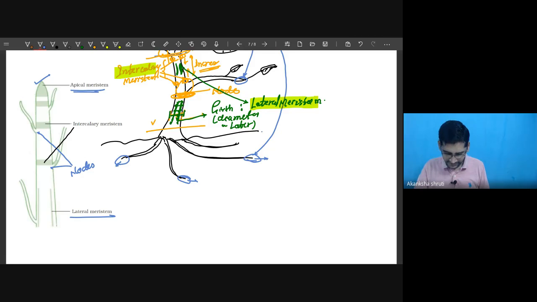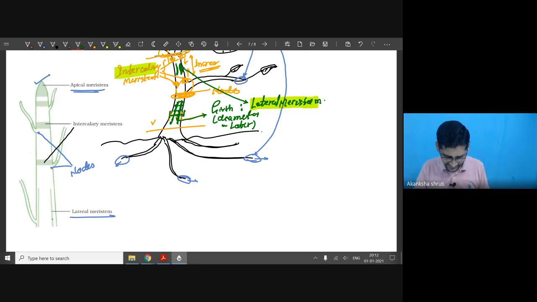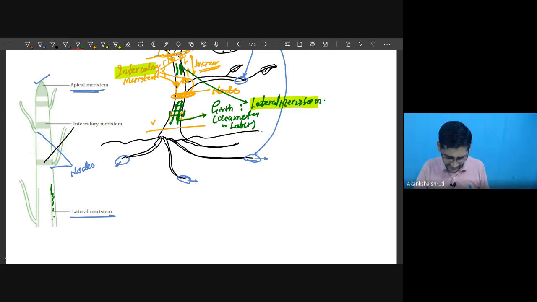It is not just a line, but the complete area you can see. So the diameter will finally increase in this way, and because of the intercalary meristem, the length will increase up and down.